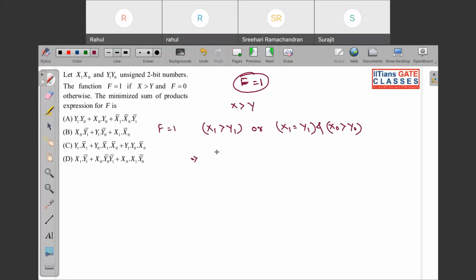So this will be x1 y1 complement plus x1 XNOR y1 dot x0 y0 complement. So here I need to open this.